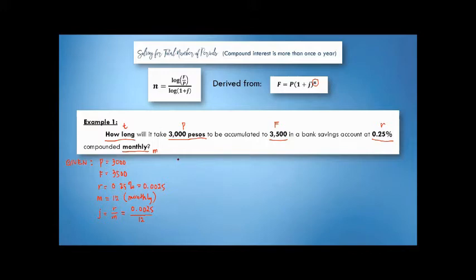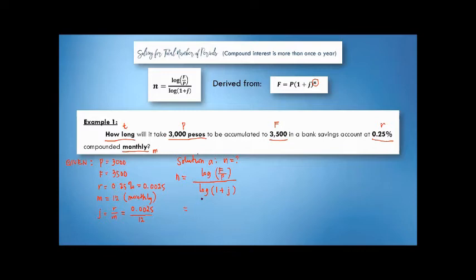So, solution A, solve for n. So, we have n is equal to the logarithm of F divided by P, all over the logarithm of quantity 1 plus j.